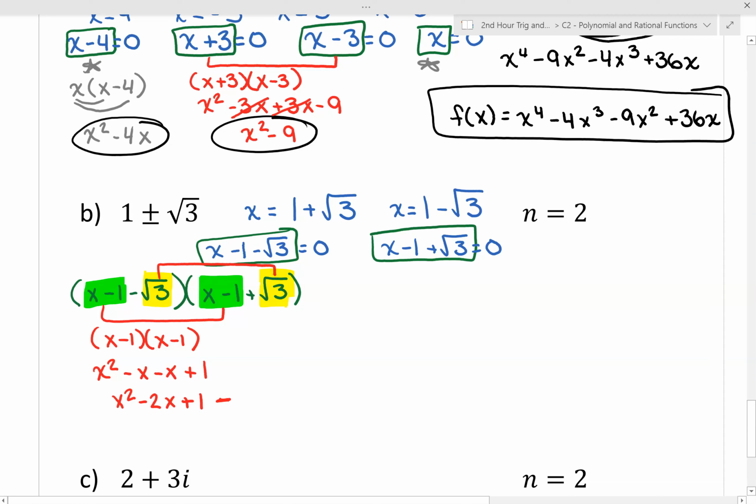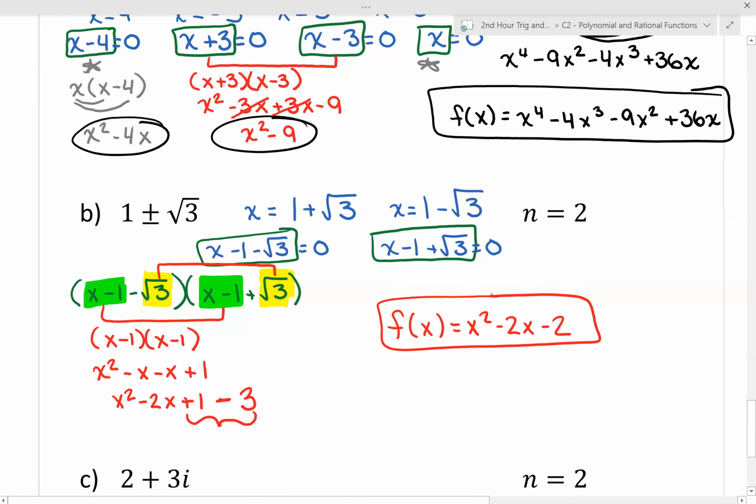Square root of 3 times square root of 3, which is just 3. So the only thing that you have to put together is the 1 minus 3. So we are going to have f of x equals x squared minus 2x minus 2. So therefore, this will be your polynomial. 2 matches, so we know that we did good.